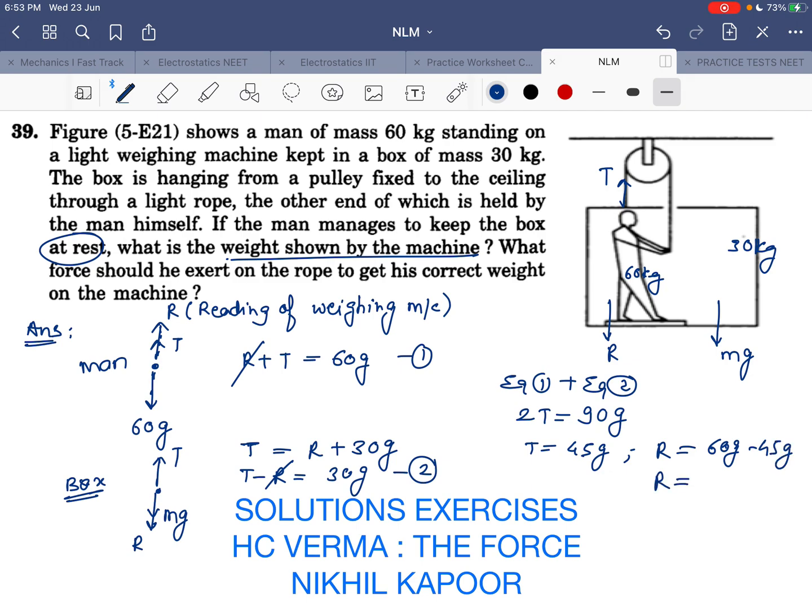So 60 minus 45 comes out to be 15 into g. If you take the value of g as 9.8, you will get some other answer, and if you take g as 10, you will get 150. So that should be the answer to this question.